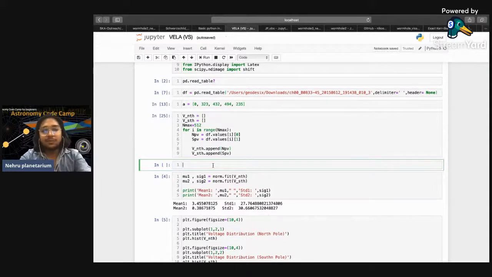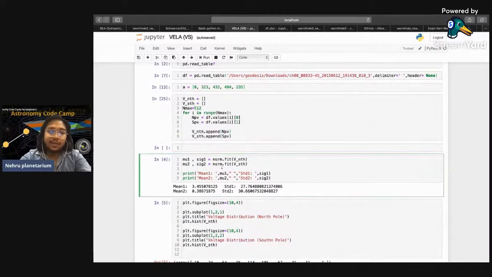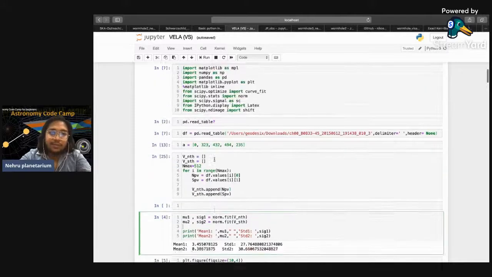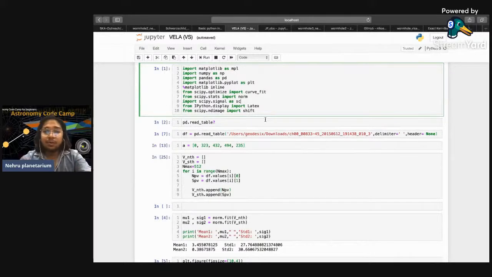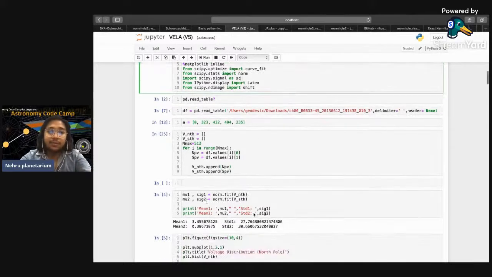Every data set which you see should have some mean, the average value, and the standard deviation from this mean value. Now for the North Pole data set, I can use a SciPy function called norm. What it does is it fits my data set to a Gaussian function and prints out the values.